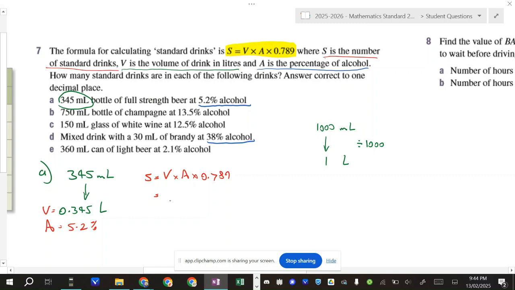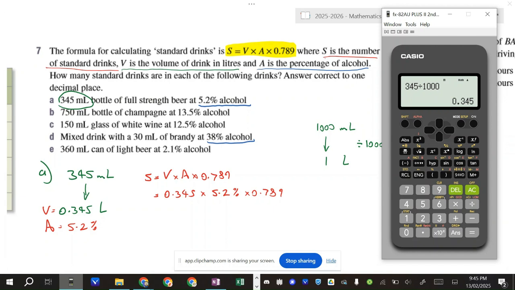So we've got 0.345 times 5.2% times 0.789. Now, we've got to be careful because we've written down the percent and I'm not certain yet whether we need to use it or whether we just put in 5.2. So what we're going to do, I know what the answer should be. I'm pretty sure.